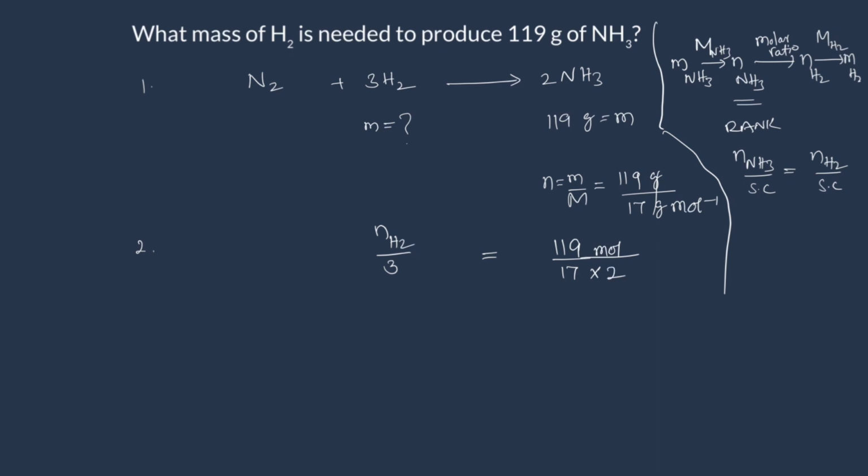This is the molar ratio. Now we have to calculate the number of moles of hydrogen. Therefore, this 3 will be cross multiplied: 119 mole into 3 divided by 17 into 2. Then what will we get here?